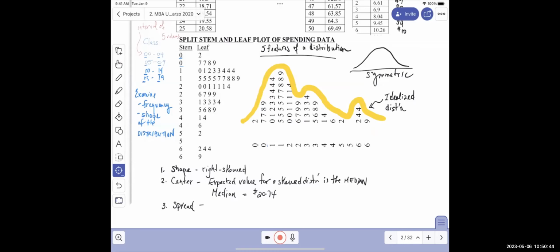So a single value isn't enough. 20.74 falls over here. Now it's very close to the mode. Like I said, it sometimes can fall in the mode, but it's just right here on the edge of the next class. So you guys were close, many of you.